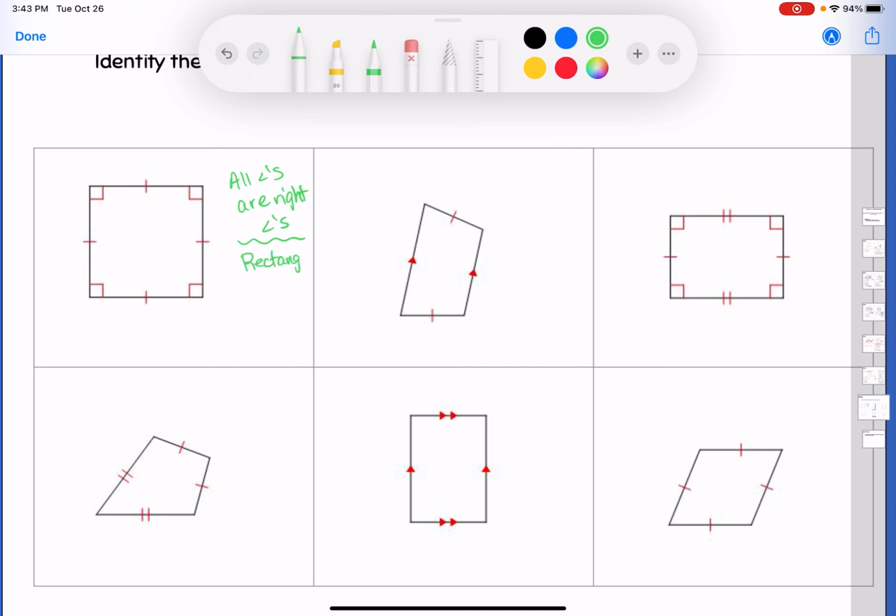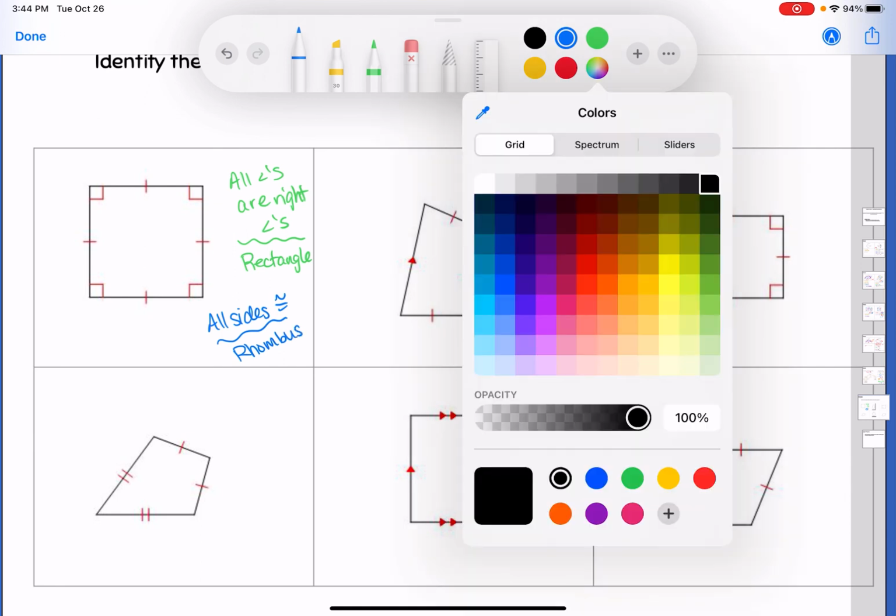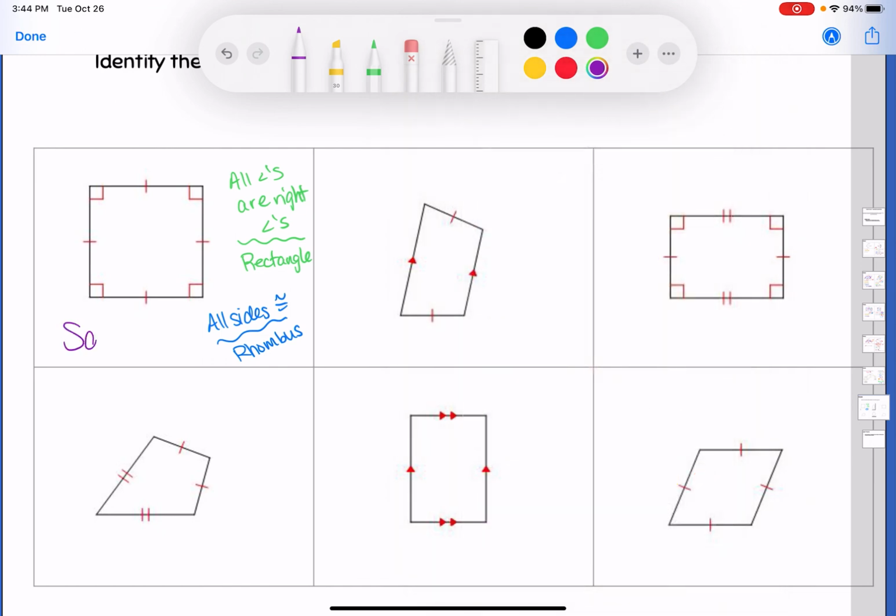That's a property of a rectangle. And then I notice that all sides are congruent. What shape has all sides congruent? That's a rhombus. And if I have a shape that's both a rectangle and a rhombus, then it has to be a square, right? Or if you think, okay, which shapes have all right angles and all sides congruent, it's got to be a square. Okay, you could go either way, all right?